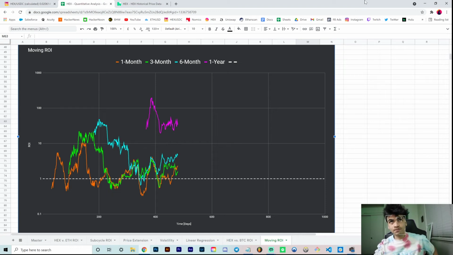So I expect to see something similar with HEX, and just with most markets in general, holders outperform traders. And that's not my opinion. I'm sure you could find some statistics on the fact that if you just passively invest, you are likely to outperform those who are actively investing and try to reallocate their portfolios and all that stuff, right?